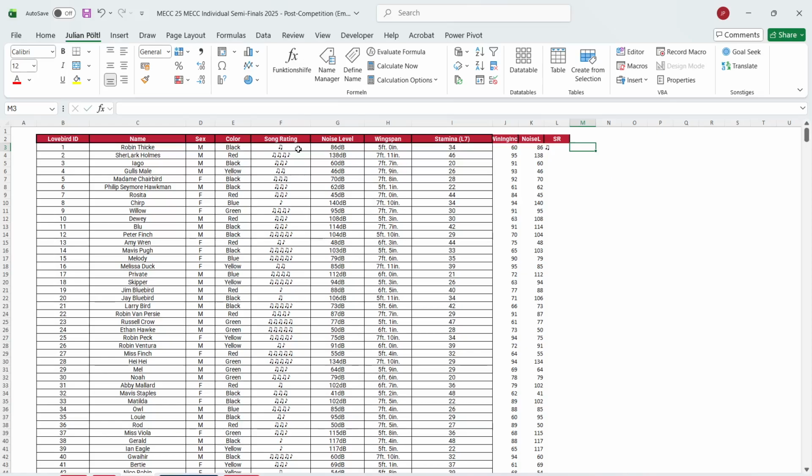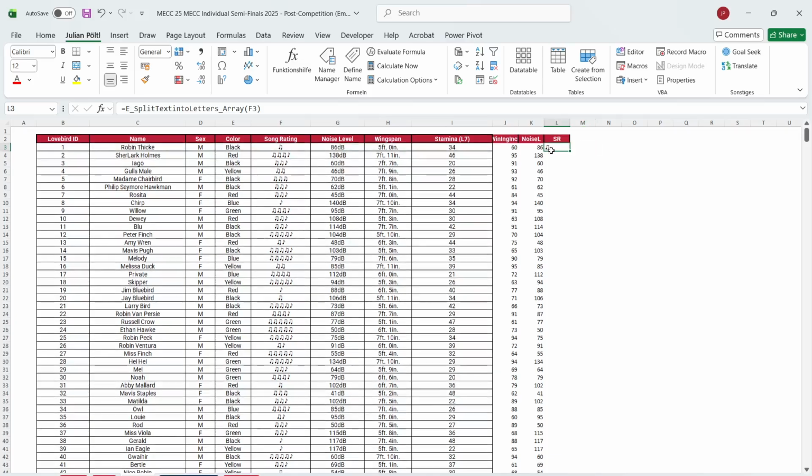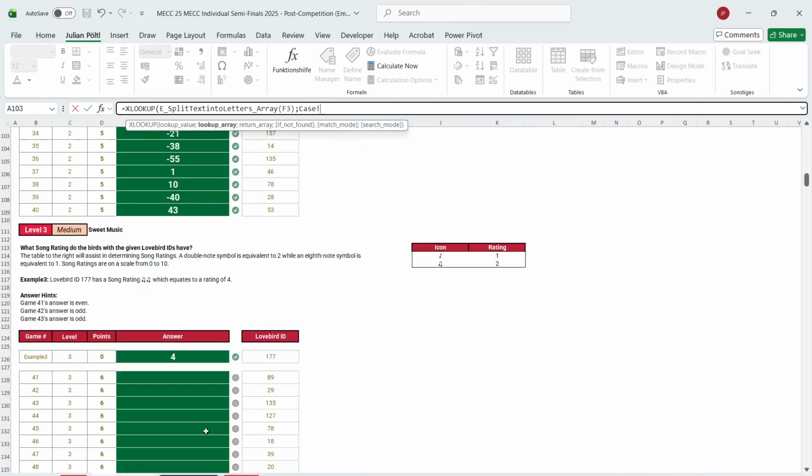You also do not have to worry about, because all those are single length characters, or how should I call it? Single length symbols. And then XLOOKUP, because this was Bill, in this sheet here, returning the rating.